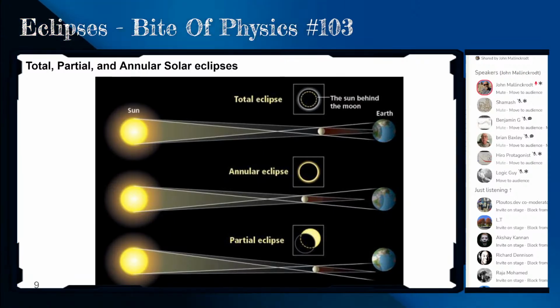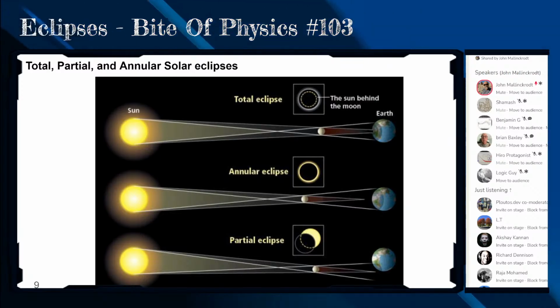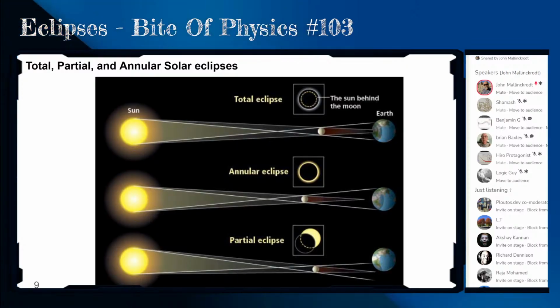And sometimes when the moon is a little further from the Earth, or maybe the sun is a little closer to the Earth, so that the moon is a little smaller in apparent size than it normally is, or the sun is a little larger in apparent size than it normally is, both of them are remarkably close to half a degree. They're both on average a little more than a half a degree.